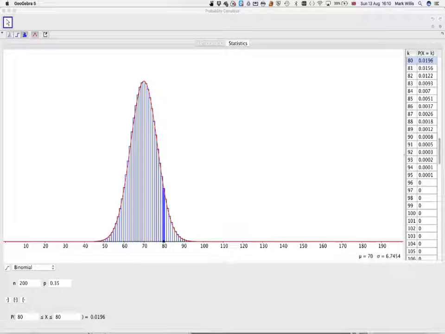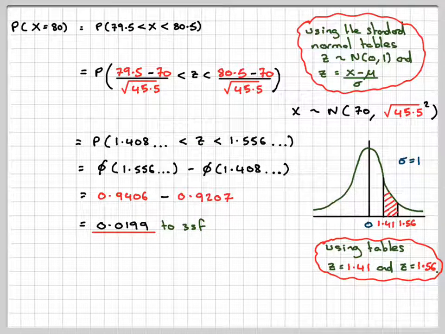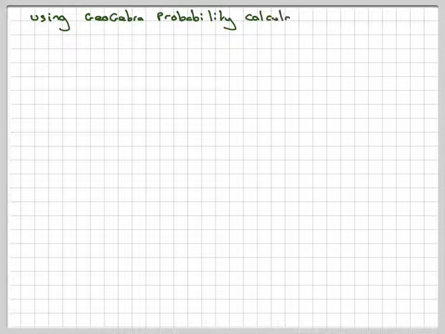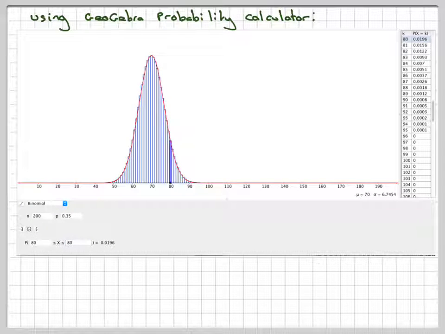So we can see that the actual answer is 0.0196, or you can get it from this table up here, 0.0196. Okay, so using the GeoGebra probability calculator, we get that.